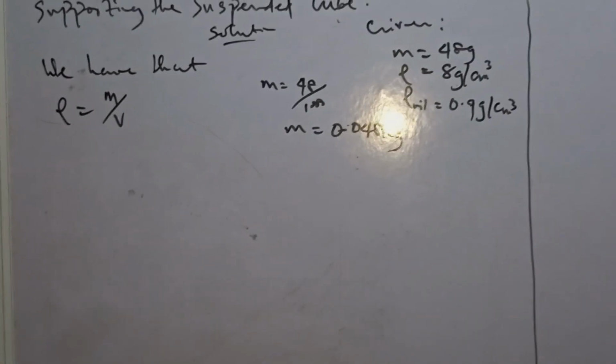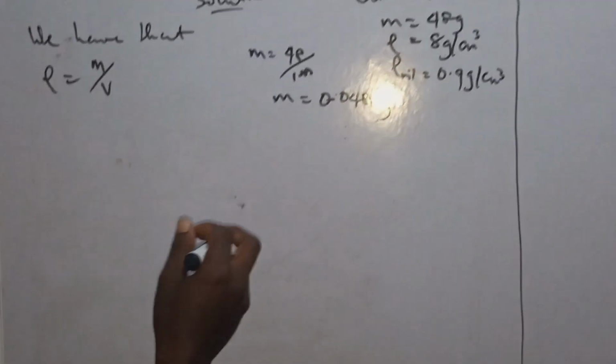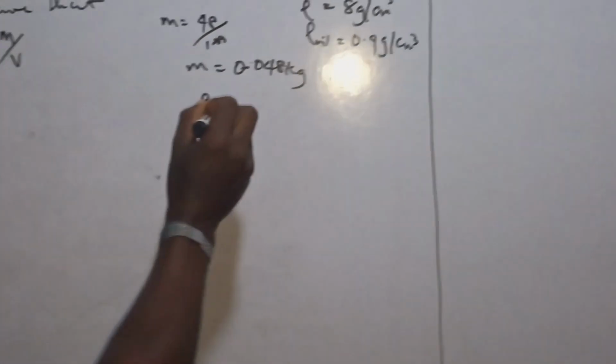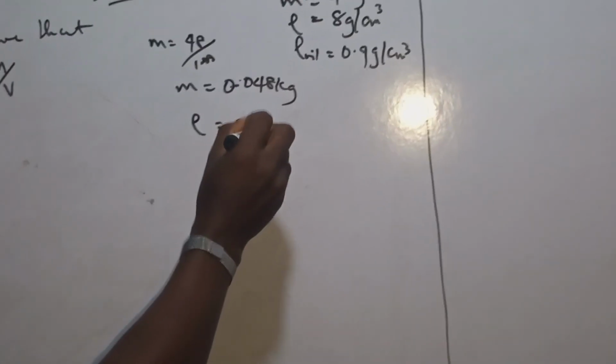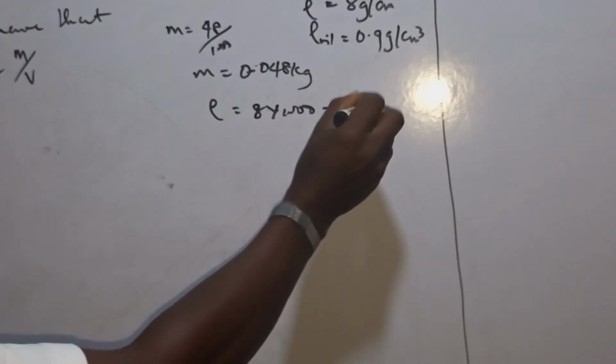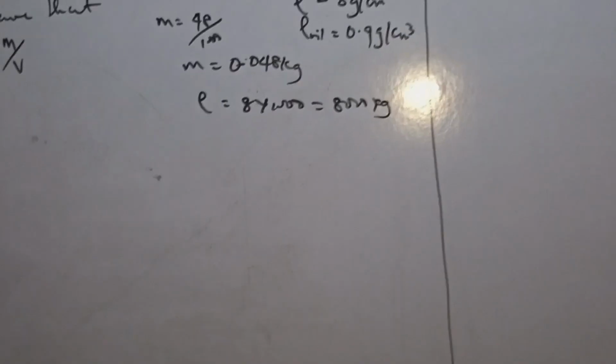And the density of iron now is 8 times 1000, which is equal to 8000 kilogram per meter cube.